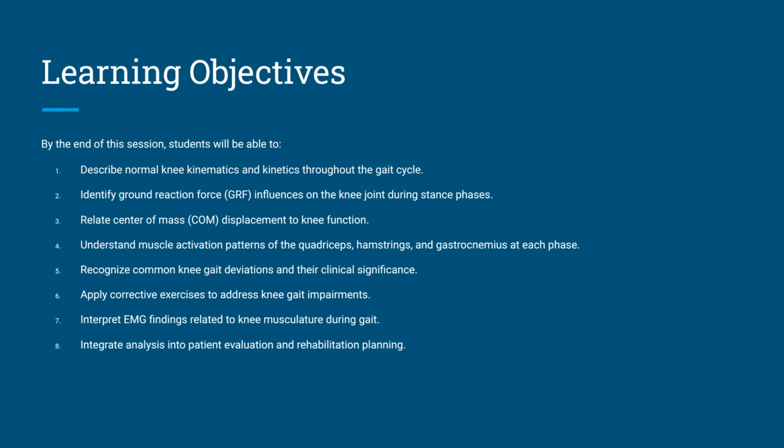Fourth, you'll learn muscle activation patterns. Quadriceps, hamstrings, and gastrocnemius, phase by phase, including who's eccentric, who's concentric, and who's stabilizing. Then we'll move into common knee gait deviations.